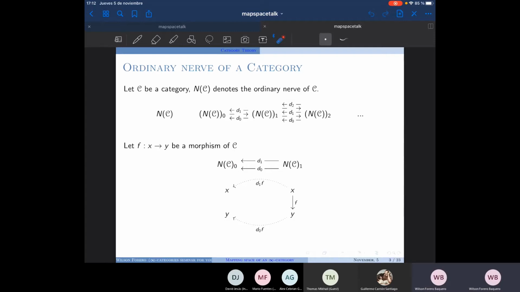When we apply D1 to a morphism in level 1, it gives us the domain of the morphism, and when we apply D0 to the morphism, that gives the codomain of the arrow.